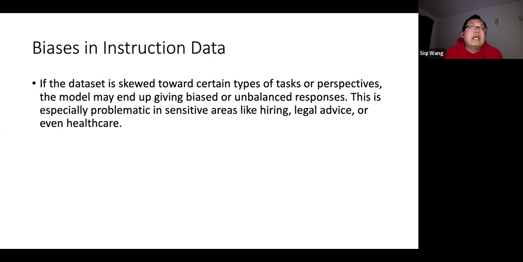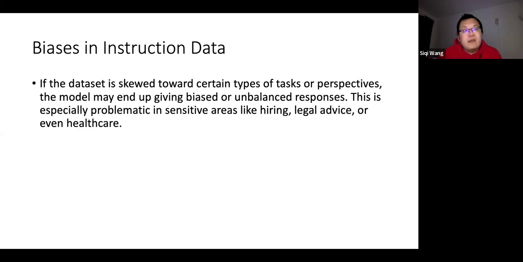For example, if the data contains certain type of task of perspective, the model may end up giving biased or unbalanced response. That is especially problem in sensitive area like hiring, legal advice, or even healthcare.